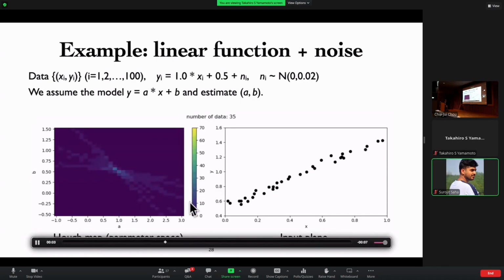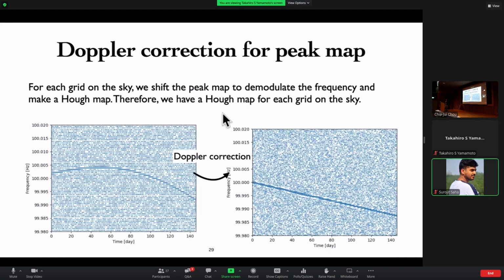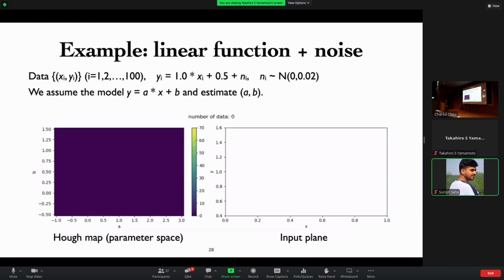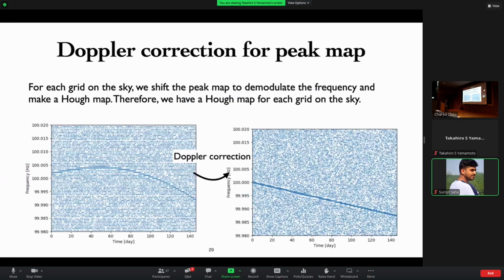Okay, so we carry out this kind of transformation analysis on the peak map. Before carrying out this transformation, we need to correct the Doppler modulation.